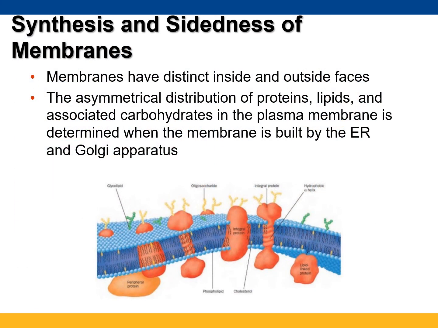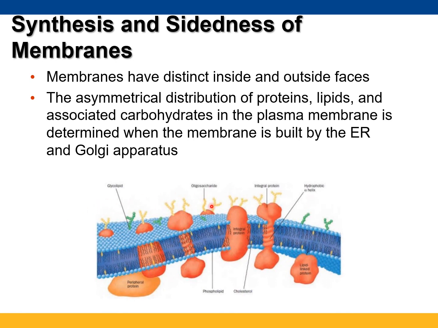We're going to get to the other functions in a little bit, and especially into part 2. But the reason we did that cell-cell recognition first was to emphasize that idea of the sidedness of the membranes. That when we manufacture these membranes, they are manufactured in an asymmetrical fashion. That they have distinct inside and outside faces.